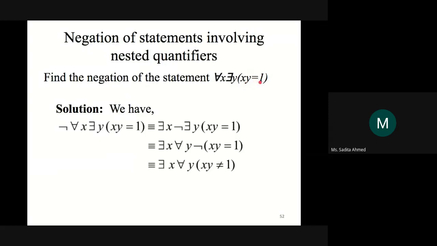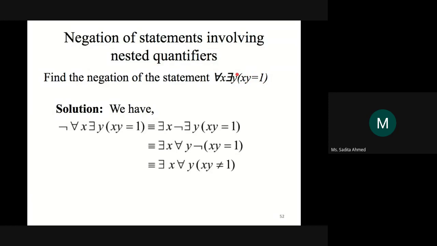And this is true, just like you guys said, because every real number does have an inverse. If you have 2, there is 1 by 2. If you have 3, there is 1 by 3. If you have minus 3.5, there is minus 1 by 3.5, right? So every real number has an inverse. So that's why this statement is true.